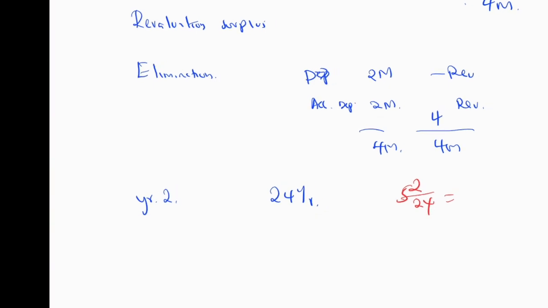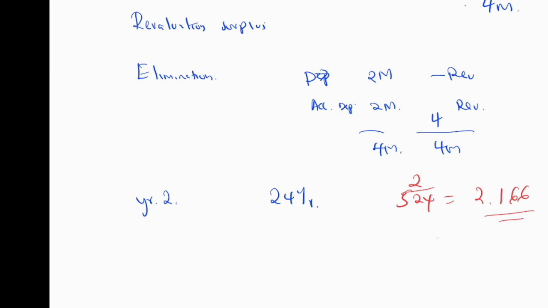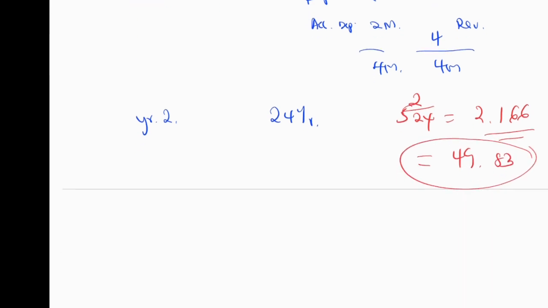Let me take out my calculator: 52 divided by 24 gives 2.166. If I subtract 2.166 from 52 million, I will get an NBV of 49.83.